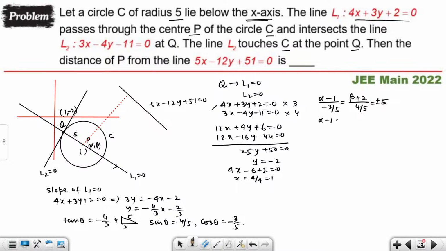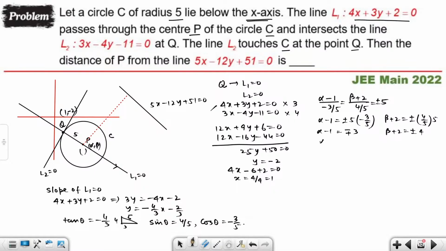So your alpha minus 1 is coming to, and beta plus 2 is coming to, clear? So alpha minus 1 is minus plus 3 and your beta plus 2 is plus minus 4.